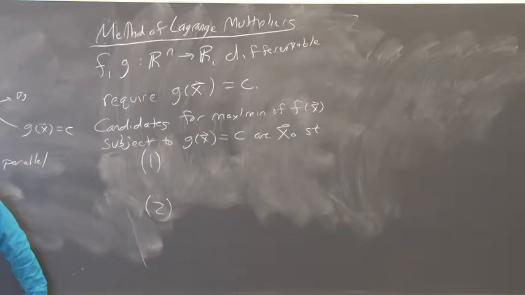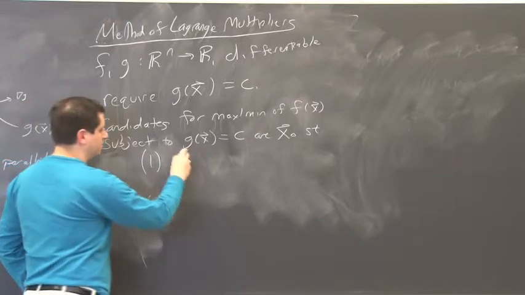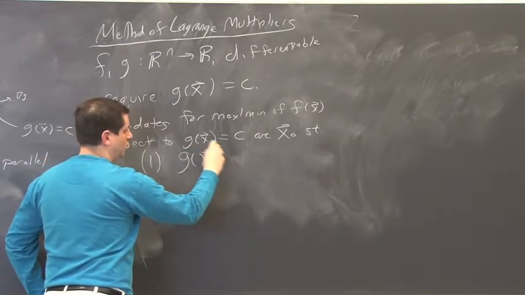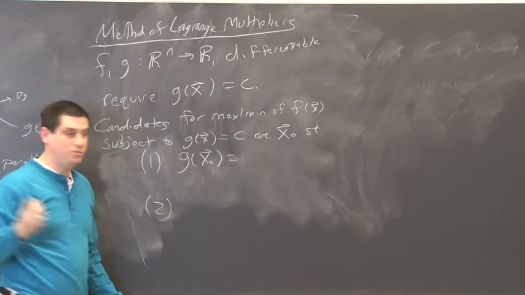So what do you know about x naught? What's its relation with g? What must be true about g of x naught? What must that equal? It must equal c, right?